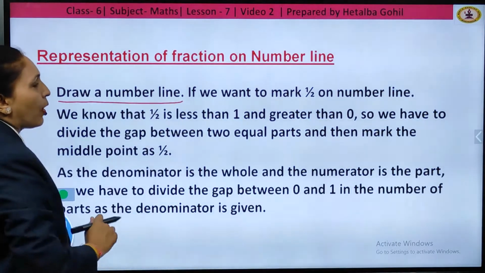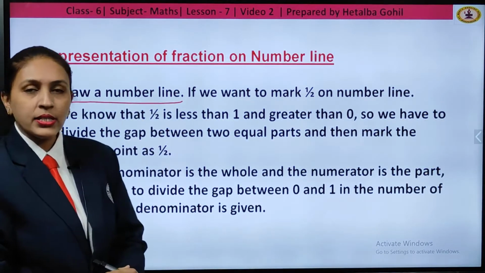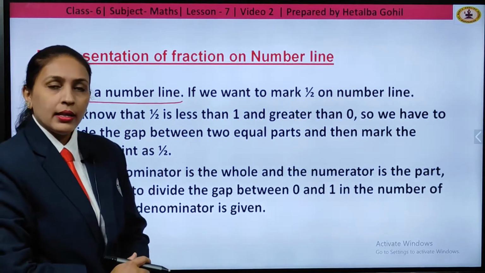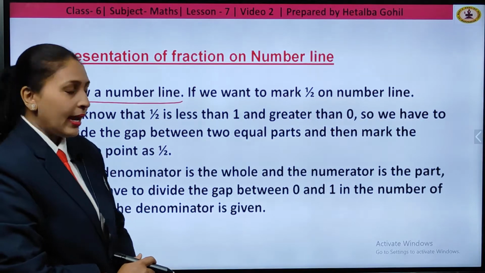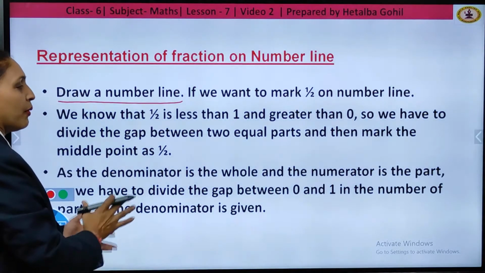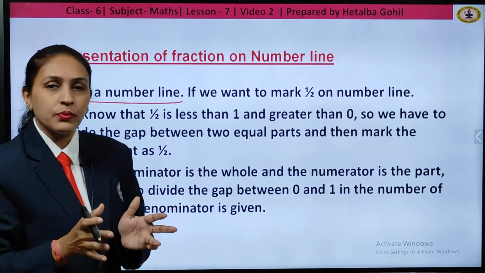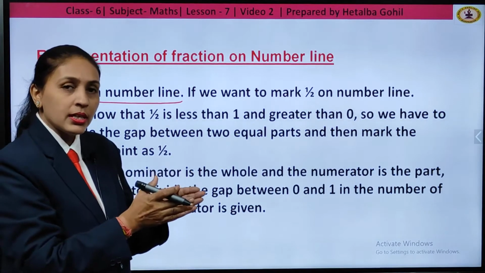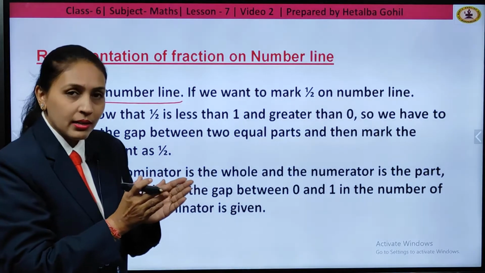Children, if we want any fraction to be represented on the number line, we have to make a number line. Then after drawing the number line, we have to put the gaps equally between the two consecutive numbers according to the fraction in which the denominator is given.